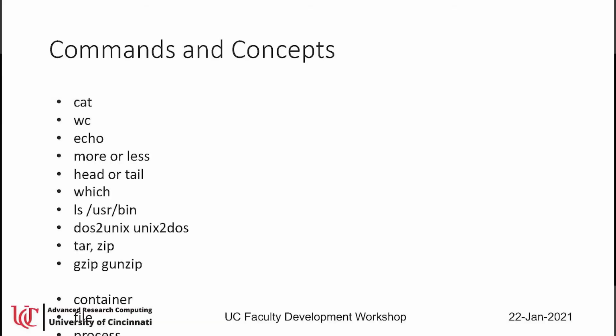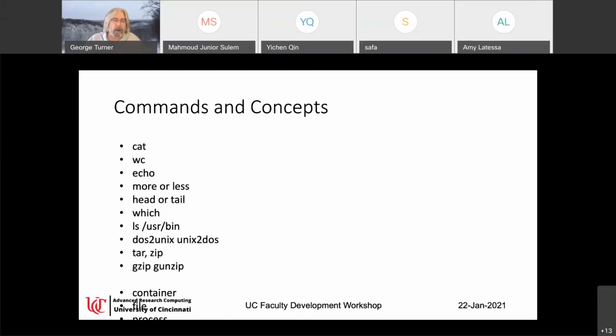Close to the bottom, you will see DOS to Unix and Unix to DOS. If you are a Windows user, if you create a text file on your Windows machine and you copy it over to the cluster, you will need to do this DOS to Unix command. And reverse, if you create a text file on the Unix system and you copy it back to your Windows machine, you will need to run this Unix to DOS command before you do the copy.